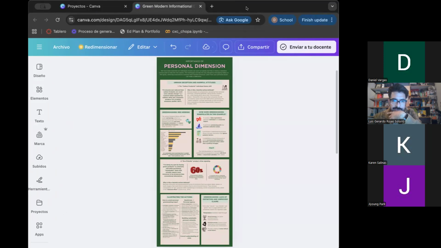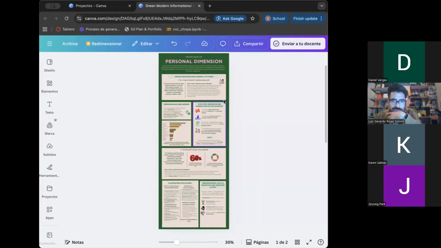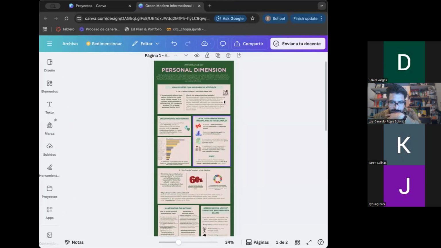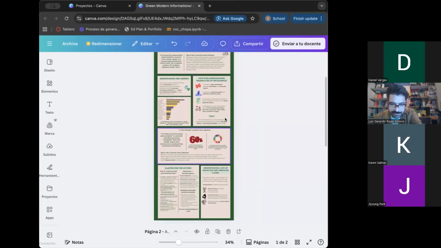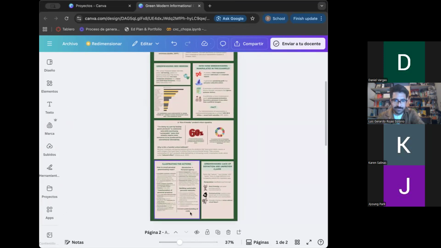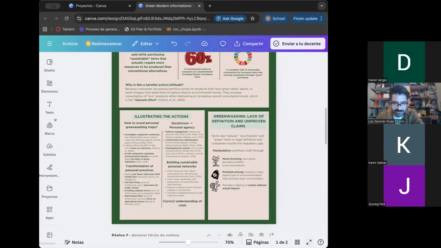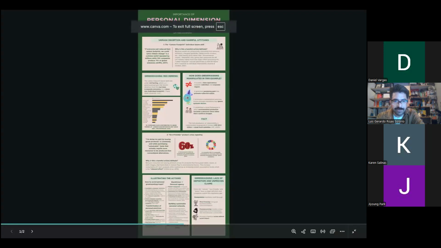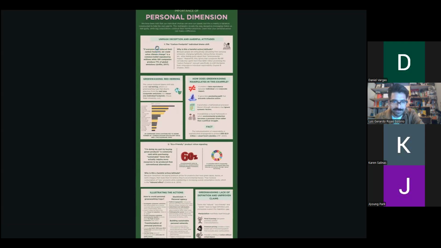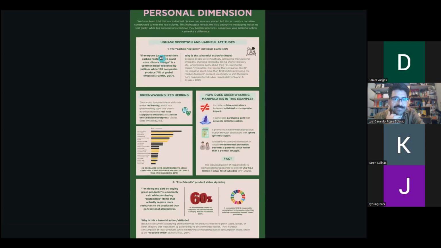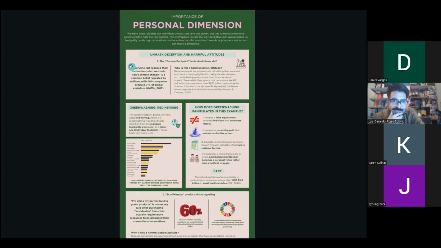Let me see whether I can zoom in. At the bottom right, there are two arrows pointing to the upper right and down left, next to pages. And then there's a magnifier. You can also do that. Okay, great.